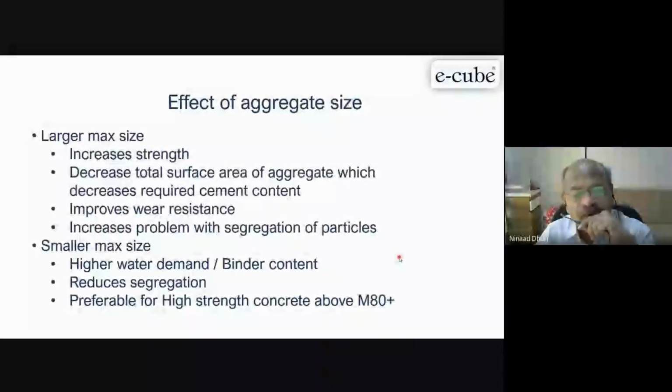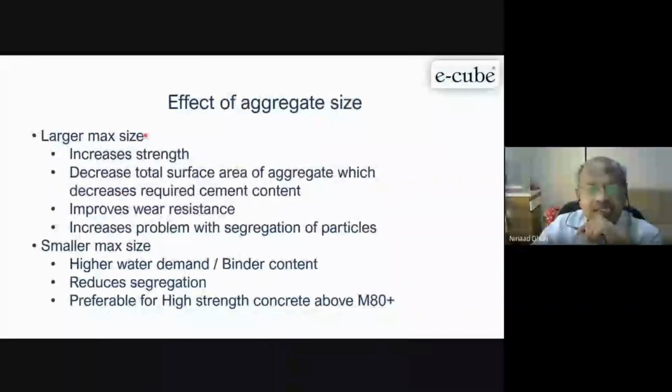Whenever you're designing any mix or selecting a mix proportion, you have to keep in mind, as we discussed in the last lecture, that as your size goes down, your surface area is increasing. Once the surface area is increasing, definitely your water demand is increasing.